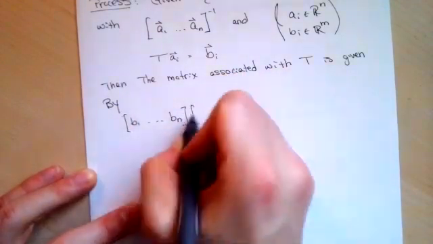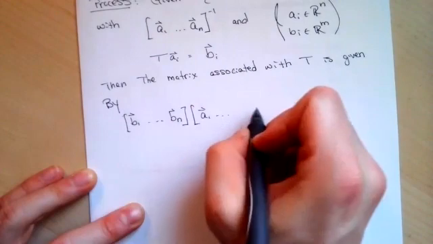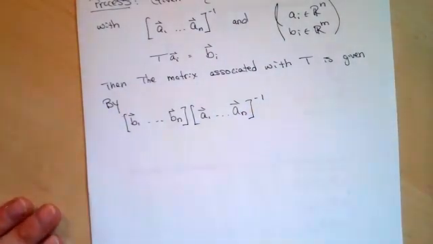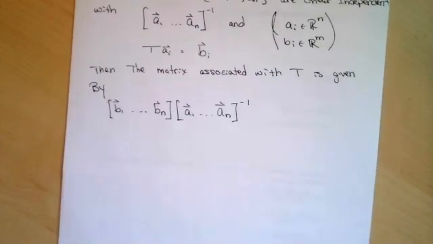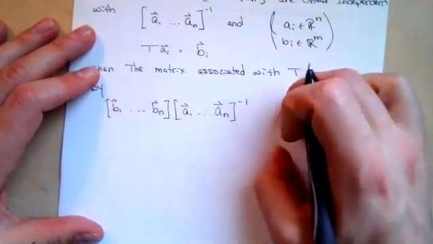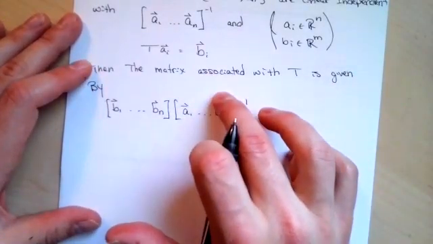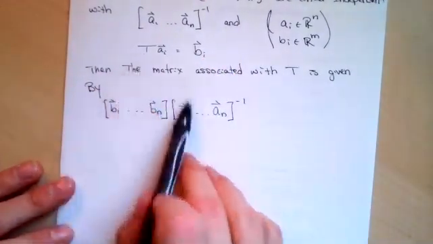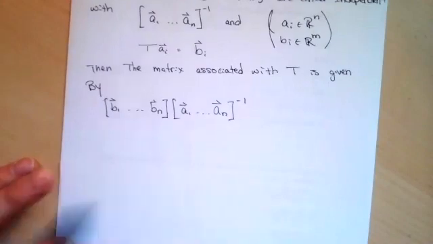And then you put the inverse of the A's to the right. So what you can kind of think of as, if I put the inverse of this matrix on the right, if I had all of the A's kind of listed out and multiplied on the right, well, it would cancel out this matrix here. And what we would be left with is the matrix of B's. So really what the transformation of T is doing is just kind of, if we did one column at a time, we would get the correct answer.